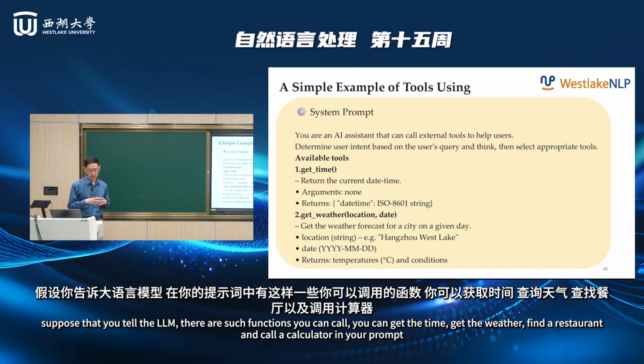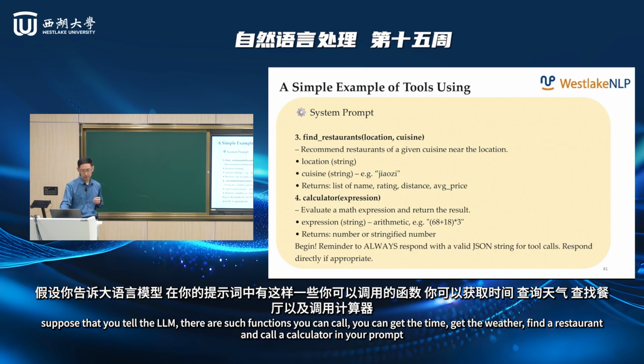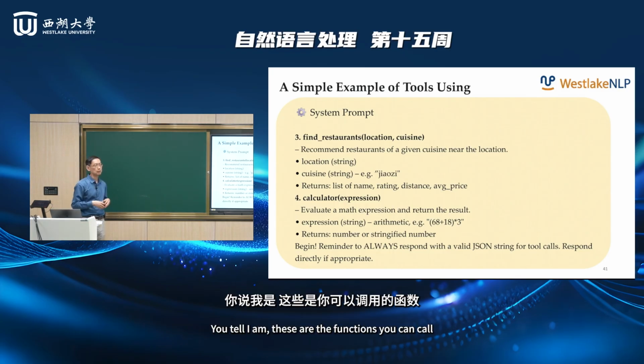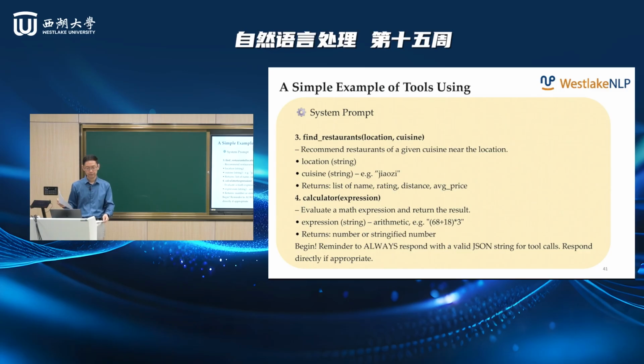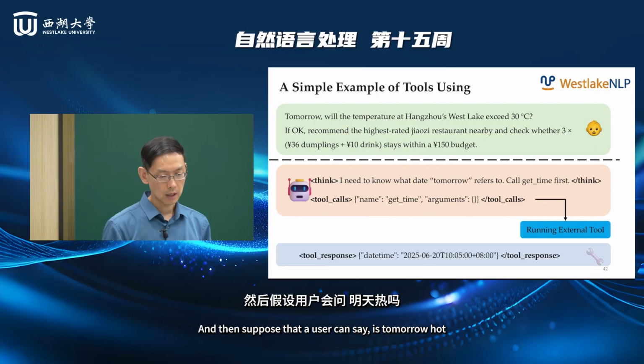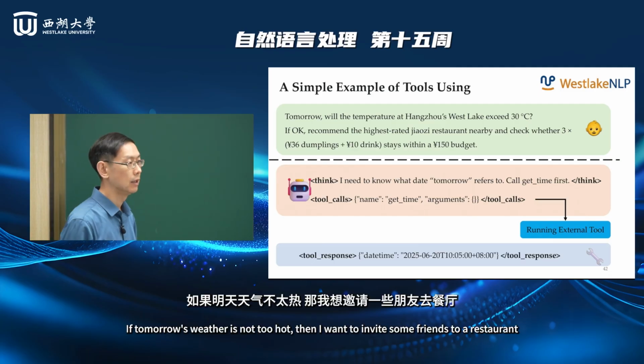And here I give you an example. Suppose that you tell the LLM, there are such functions you can call. You can get the time, get the weather, find a restaurant, and call a calculator. In your prompt, you tell LLMs, these are the functions you can call. And then suppose that a user came and said, okay, is tomorrow hot?